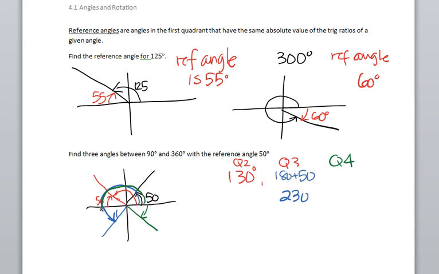So starting from here, I come all the way around in standard position. So in Q4, that's 360 minus 50 to get us to 310. Okay, so all of these angles, 130, 230, and 310, have a reference angle of 50.